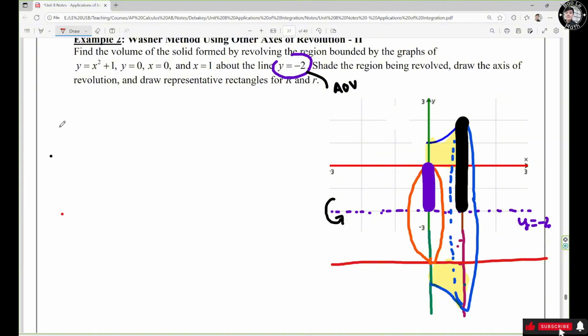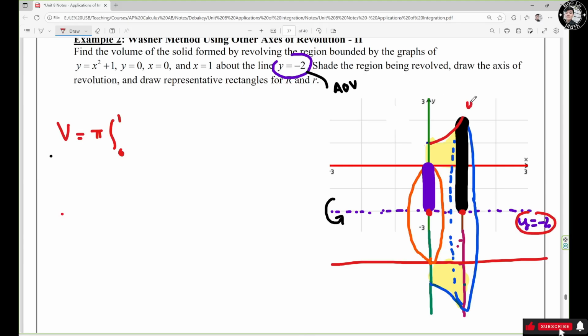So the volume should be pi times the integral from here to here, which means from 0 to 1, of the bigger radius. The bigger radius depends on this guy right here, subtract this guy right here.